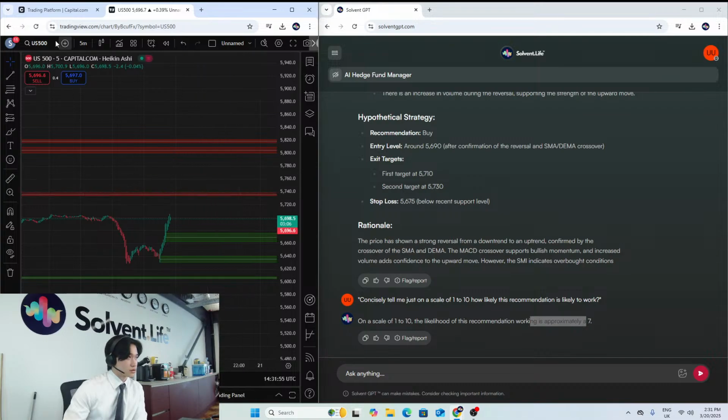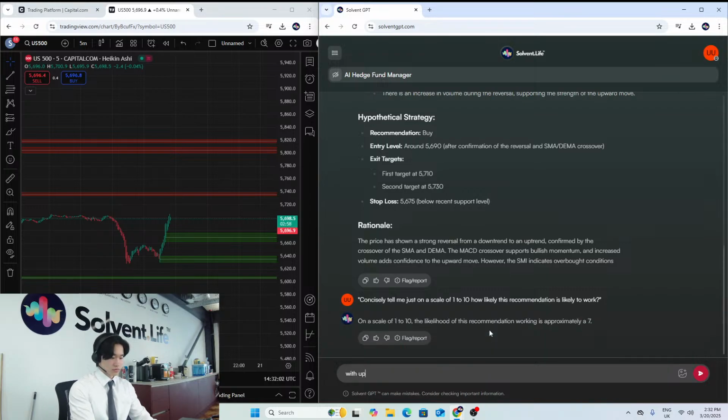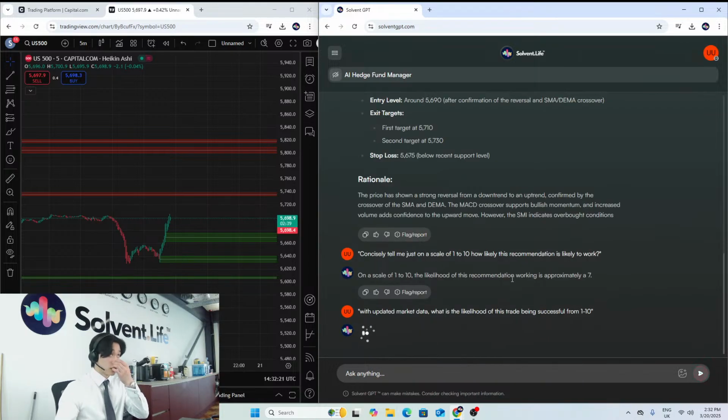Let's see what we got here. Okay, so I've asked it, with the updated market data that we now have, what is the likelihood of this trade being successful from 1 to 10?